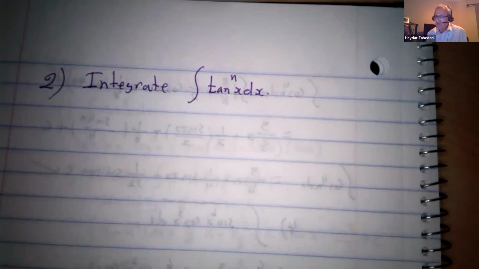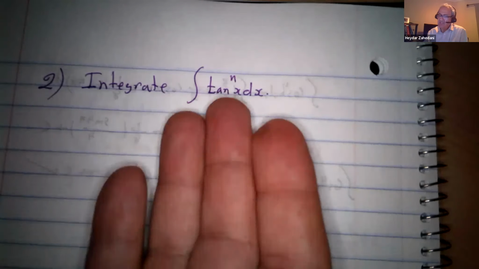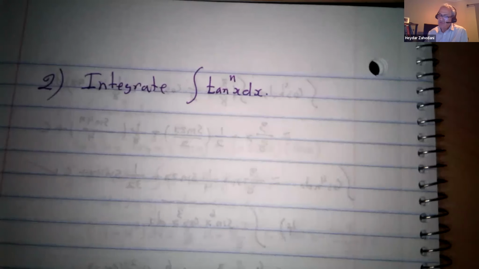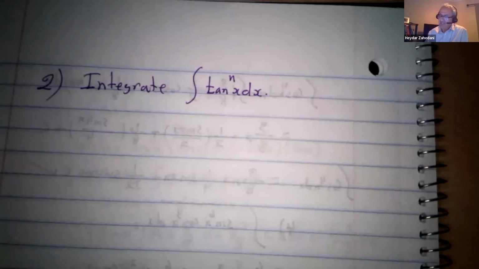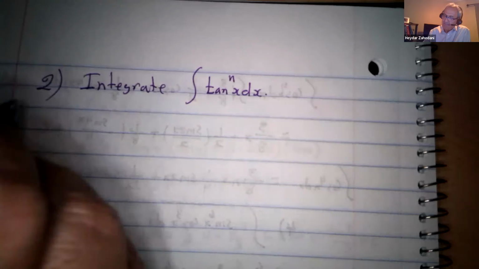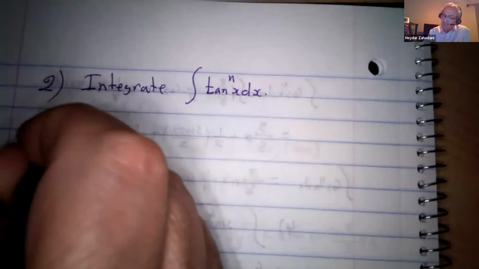To get the power of the tangent, again, you need u prime. The derivative of a tangent is secant squared. You don't have the secant squared. So what you have to do is take a secant squared out of these. So this is the way you're going to do it. A special case, just to recall, you need this one.